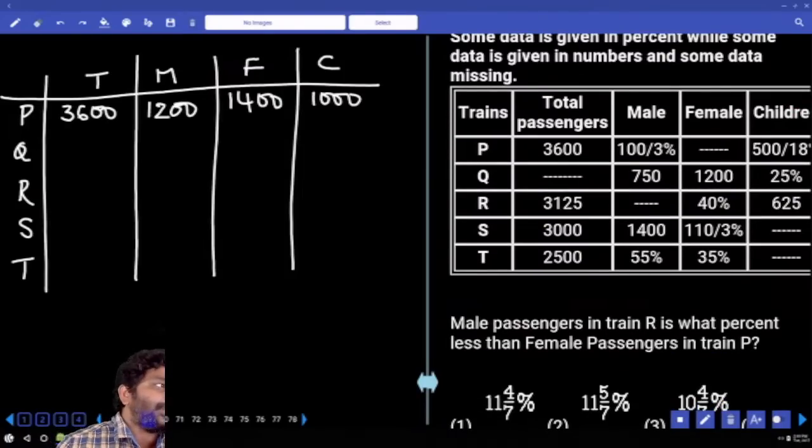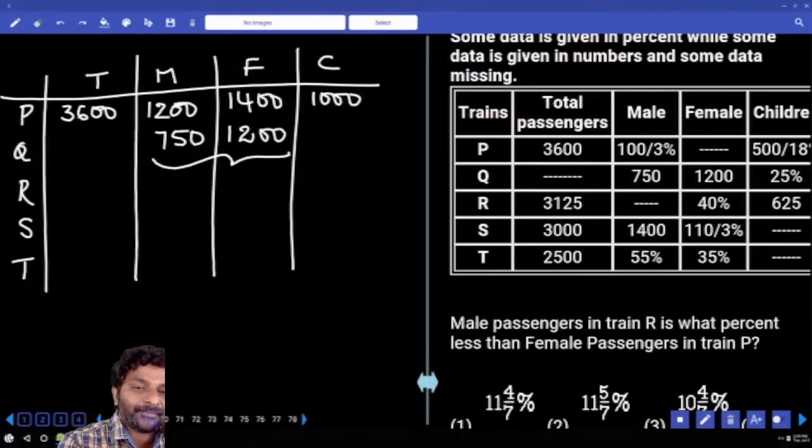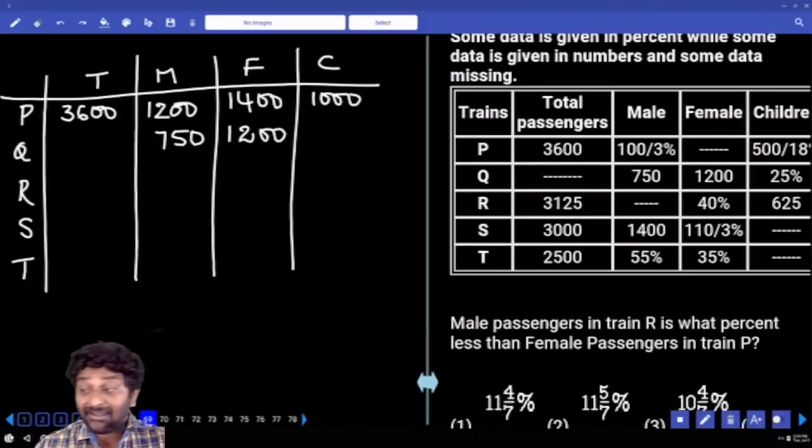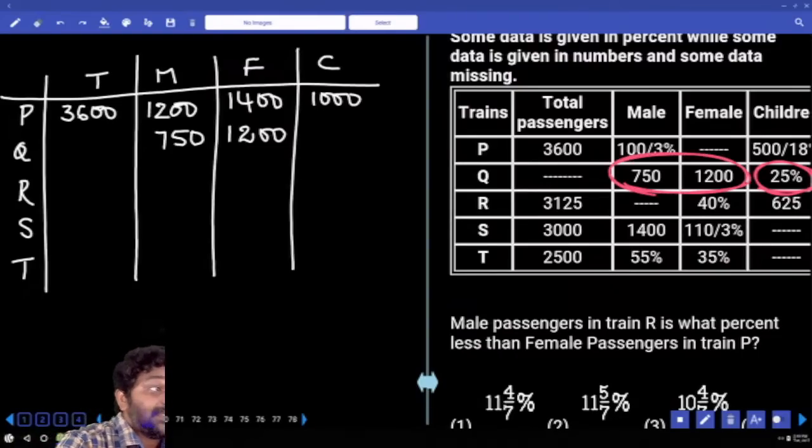Q, we don't know total. Female are total male, female together. Male and female together. And children percentage is equal to 25, right? Then male and female both together should be 75.